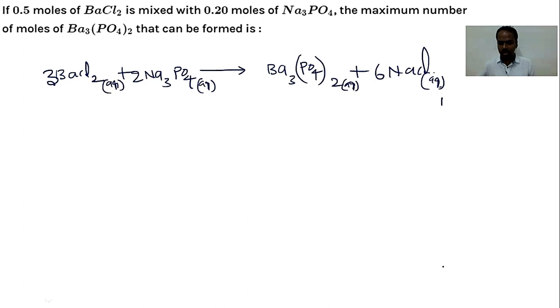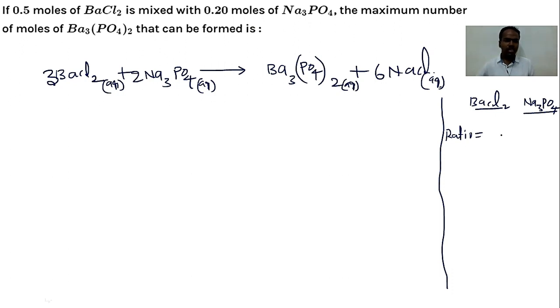To find the limiting reagent, first we need to calculate their ratio. One reactant is BaCl2, the other reactant is Na3PO4. So BaCl2 number of moles given is 0.5. The stoichiometric coefficient of BaCl2 in the equation is 3, so 0.5 by 3 is nearly equal to 0.166.